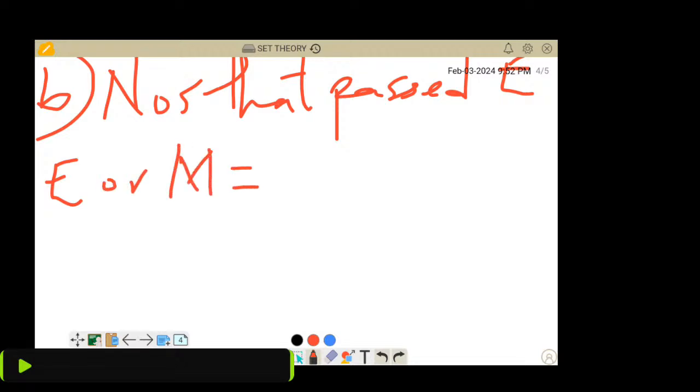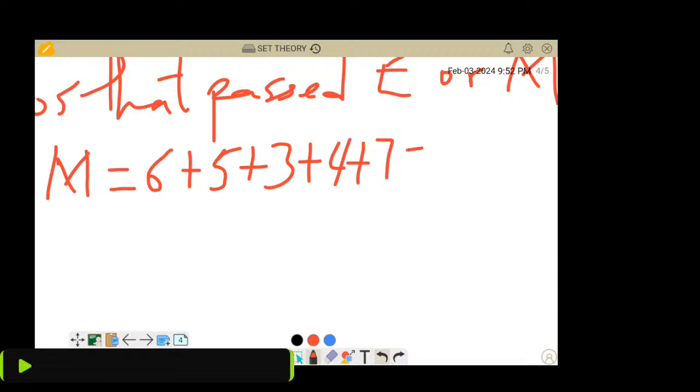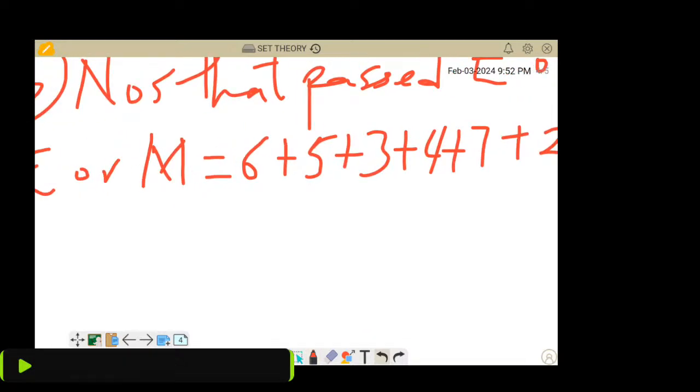will be equal to 6 plus 5 plus 3 plus 4 plus 7 plus 2, and that will be equal to 27. So this is the number that passed either economics or mathematics.